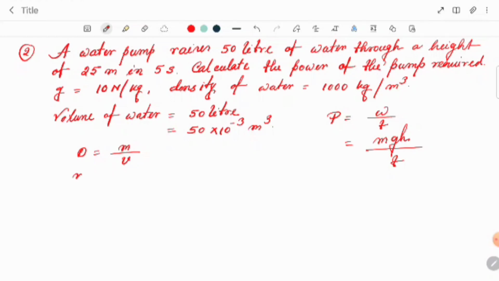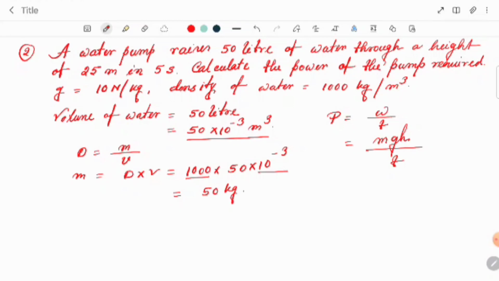So mass equals density into volume. So density is 1000 into the volume, 50 into 10 to the power minus 3. This one is 10 to the power 3 and this one is 10 to the power minus 3, it will cancel out. So mass we are getting 50 kg only.